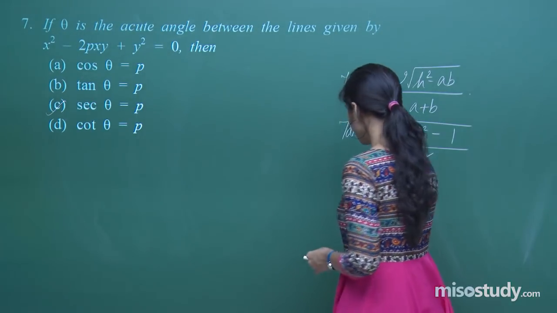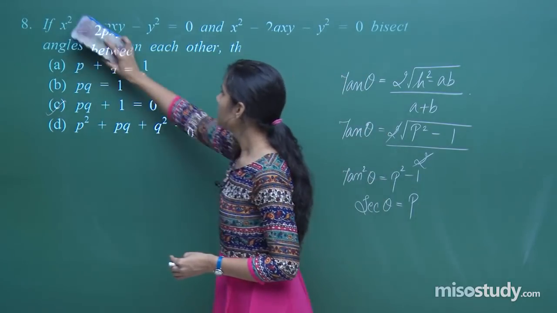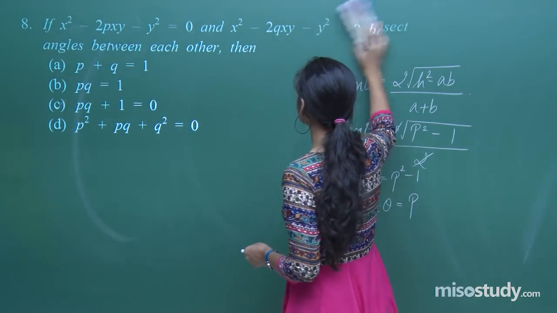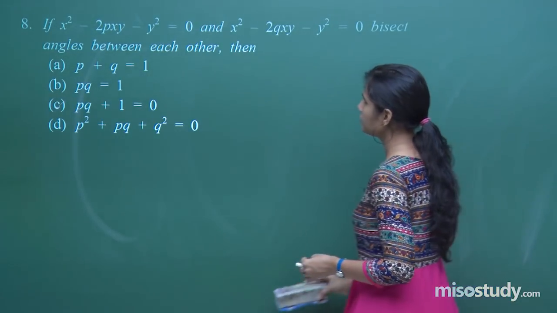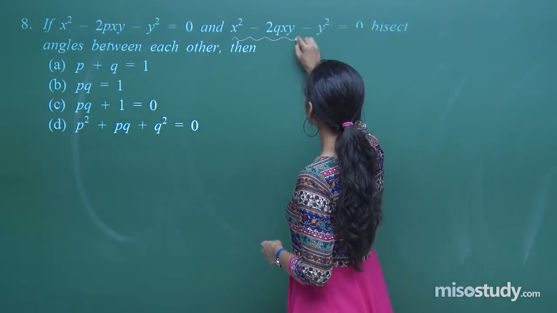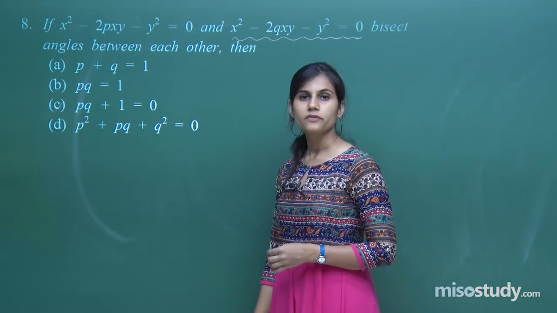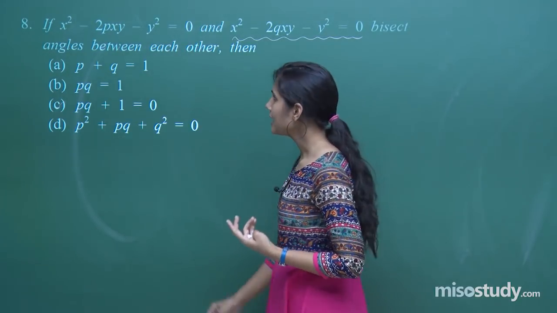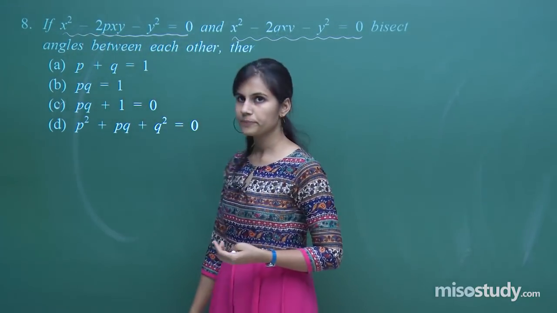Fine. Next question says, if x square minus 2pxy minus y square and x square minus 2qxy minus y square equals 0 bisect angles between each other. So basically, indirectly, this is the combined equation of the bisectors of the angles between the two lines represented by this equation.